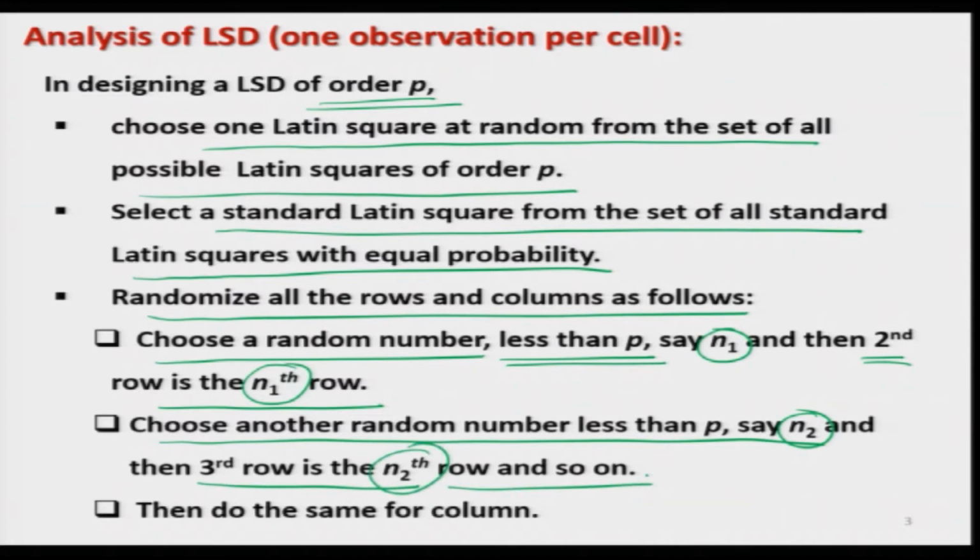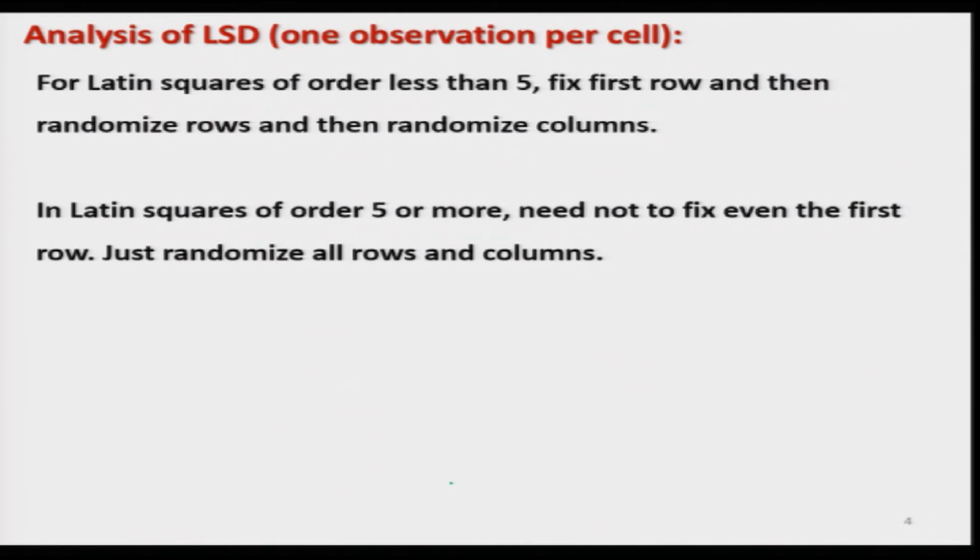We can continue this process until we are satisfied that this Latin square is now completely randomized. And the same process we can also do for the columns. So, now let me take one simple example, and then I will show you what I mean by this statement, that you choose a number from the random number table less than or equal to p and interchange the rows and columns.